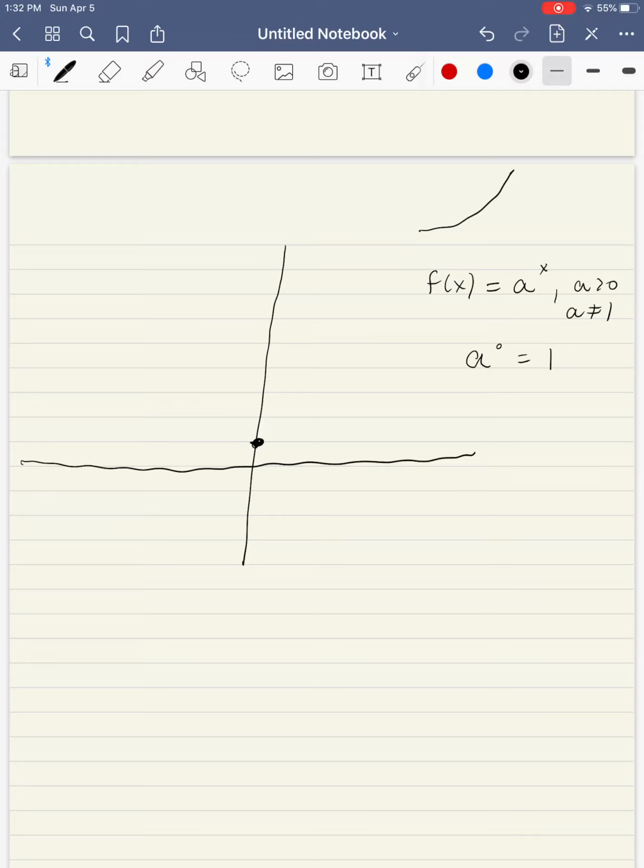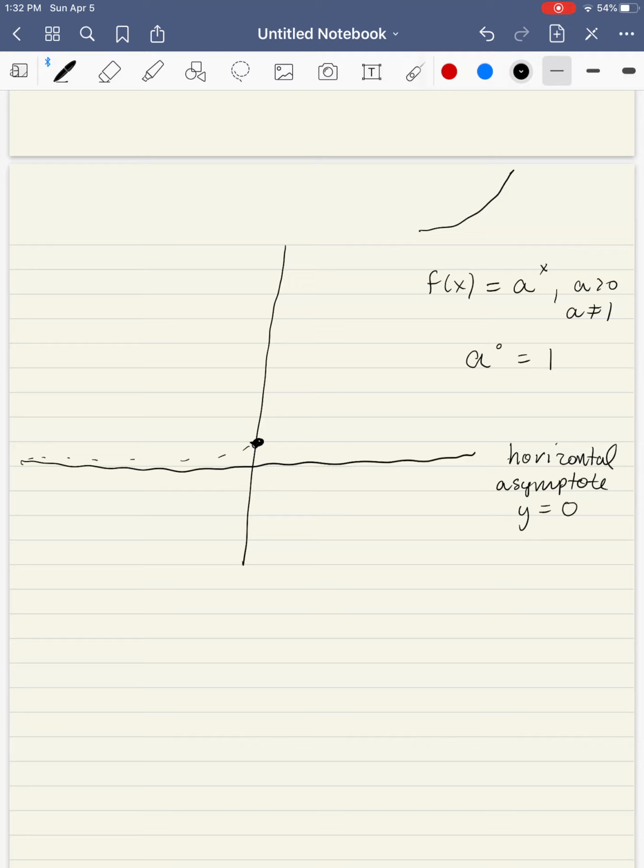We're also going to have that behavior over here on the left where the graph is coming down and getting closer and closer and closer to that axis, but not ever crossing it. And remember, that's what we call an asymptote. So we see here that we have a horizontal asymptote at the line y equals 0.